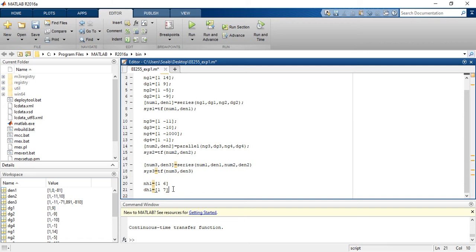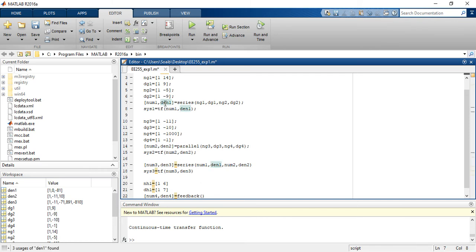Now I need to connect this answer in a feedback manner. Command for feedback is what? Simple feedback, but again I have to save it, so I am saving in num4, den4, is equal to feedback, and in brackets, which connection I have to do.